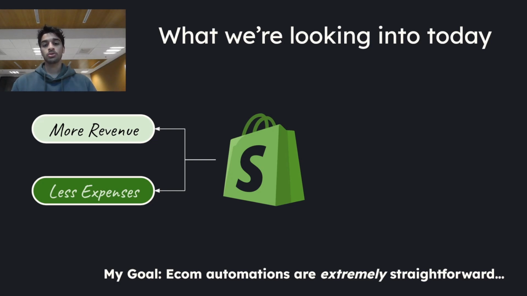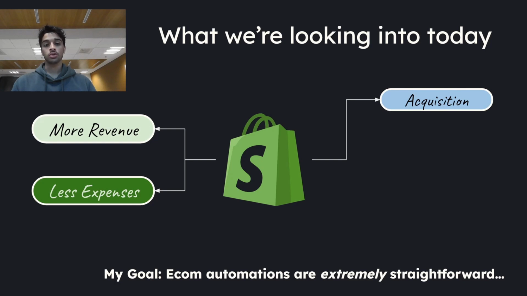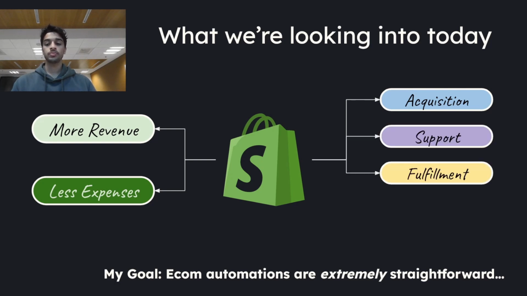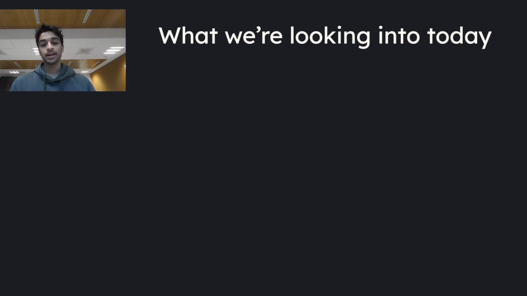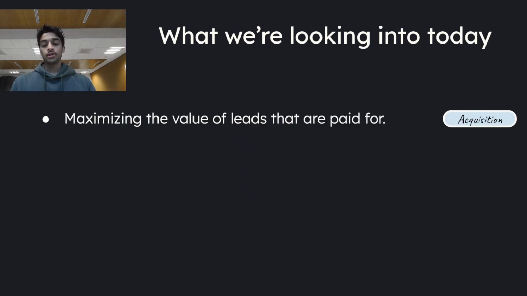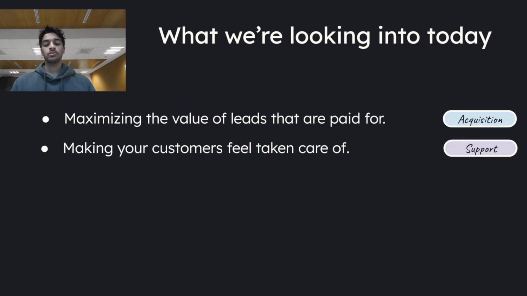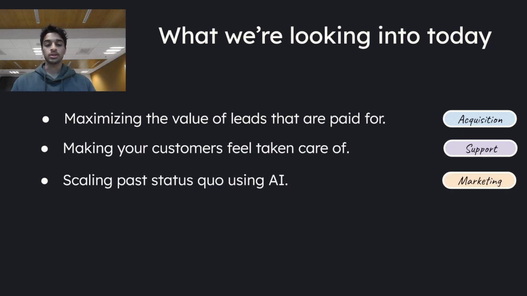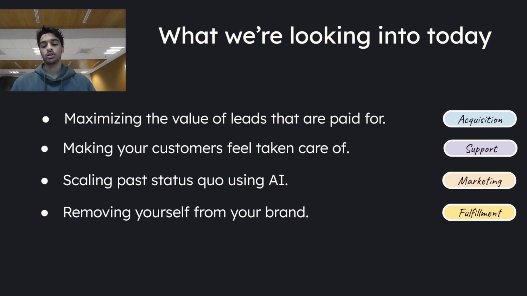I have spoken to a few e-commerce owners and I've broken down the main areas that require automations, and these are acquisition, so getting leads through ads, support, so customer support, fulfillment, and the actual marketing itself. So to finally get into what you can expect today: maximizing the value of leads that are paid for, making your customers feel taken care of, scaling past the status quo using AI, and removing yourself from your brand.